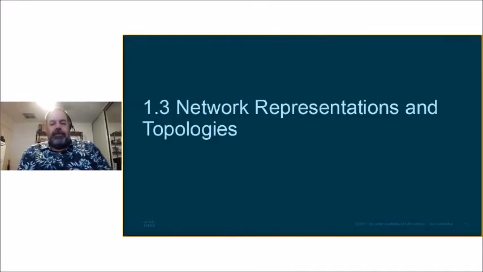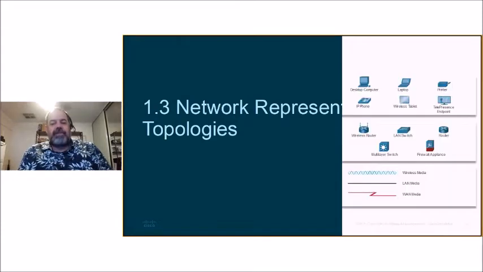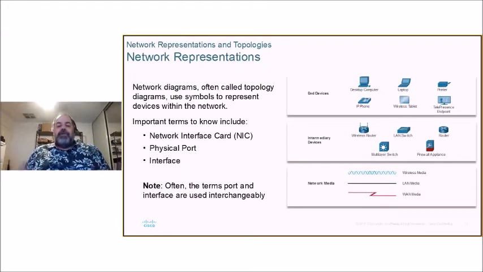Okay, so network representations and topologies. When we design a network, we often make a diagram, and we use symbols to indicate where things are positioned. These network diagrams are often called topology diagrams, and use symbols to represent devices within the network.